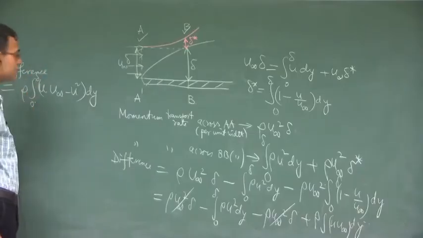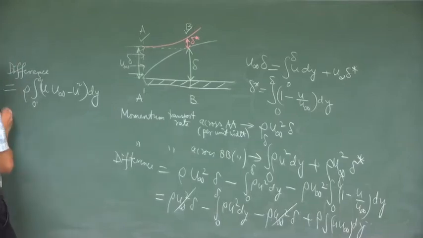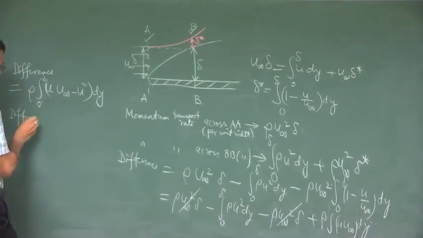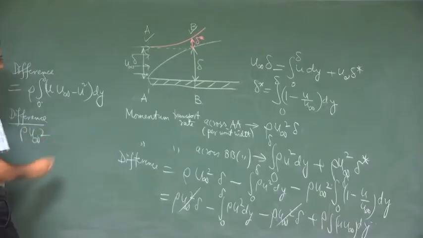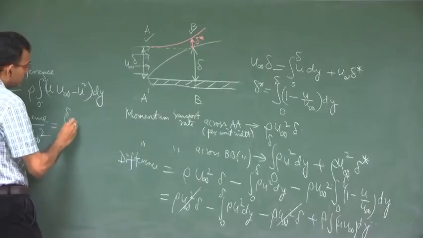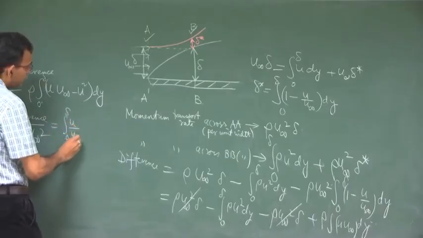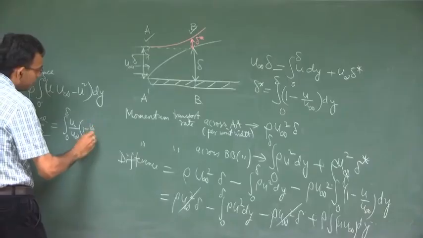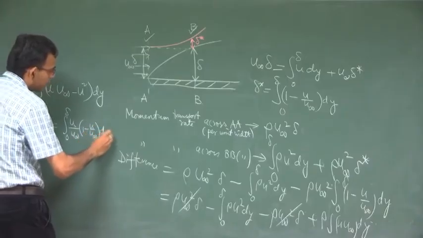If you normalize this difference, just normalize by rho u infinity square, then this becomes integral 0 to delta u by u infinity into 1 minus u by u infinity dy.